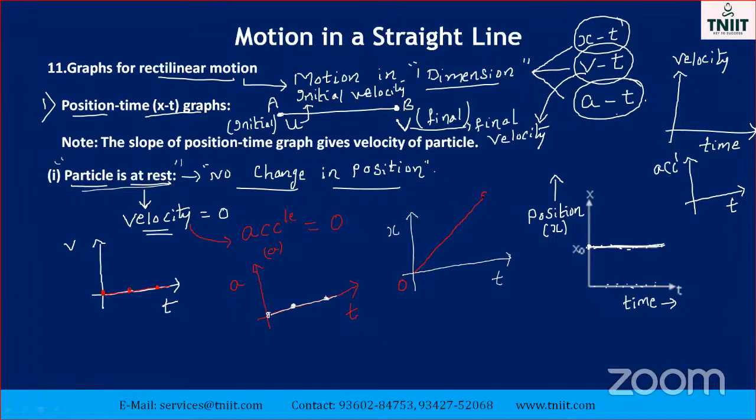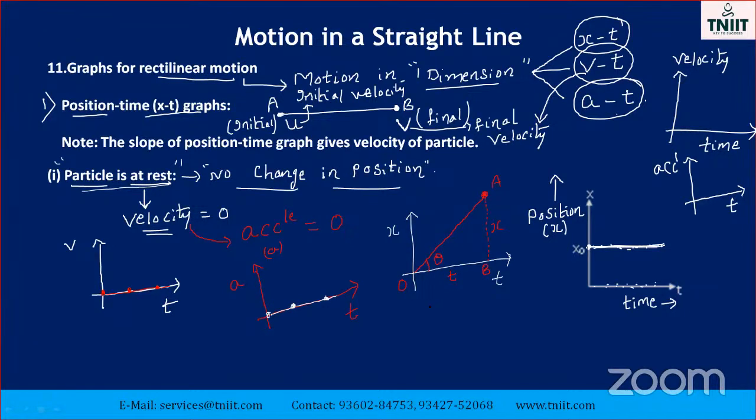The particle has moved to this particular point, let us say A. This is the point B, I'm just dropping a perpendicular line. This is the angle theta. Now along the y-axis, we have taken the position x. Along the x-axis, we have taken the time t.